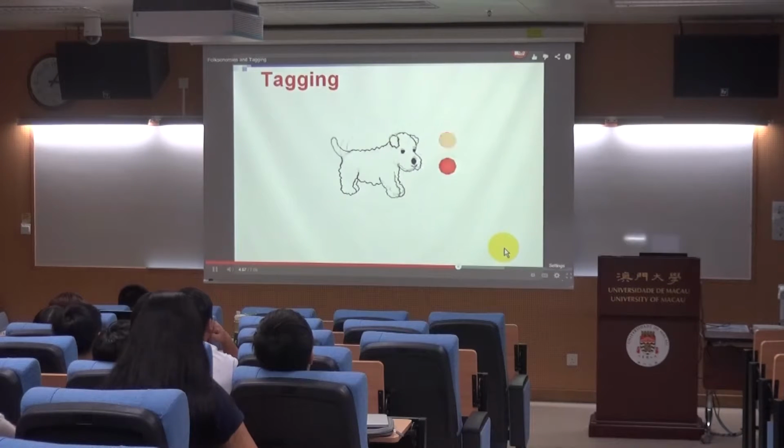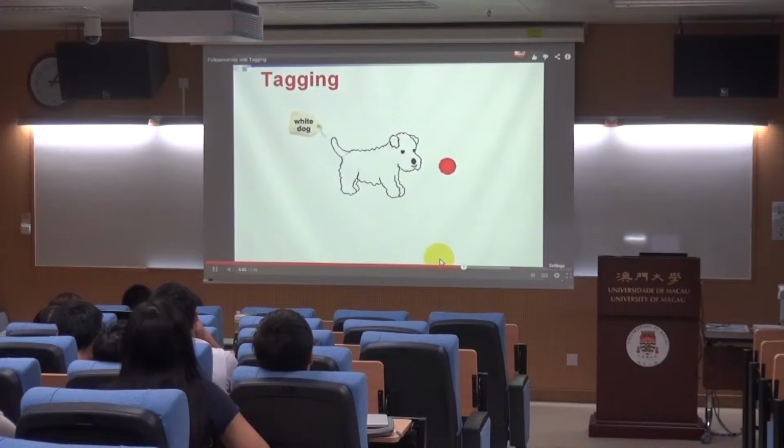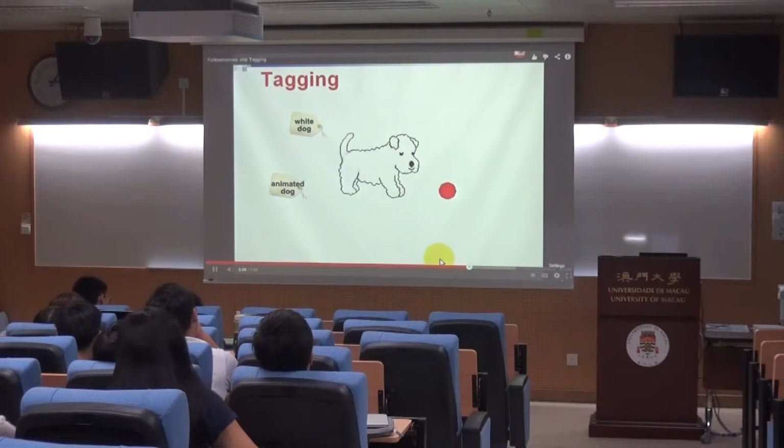Let's take an example of how we might tag this animated photo here. We could say it is a white dog. We could say it is an animated dog. We could say a bouncing ball is representative of this. A dog.